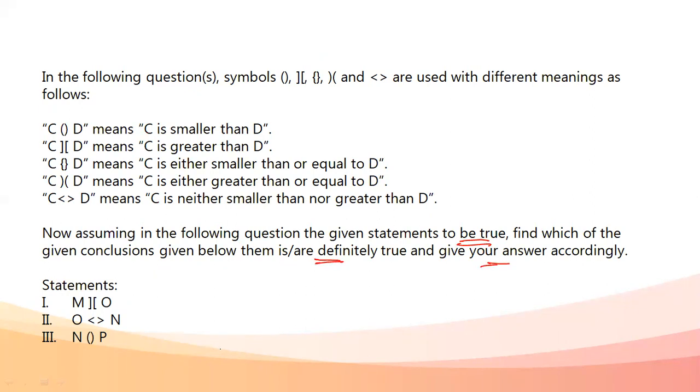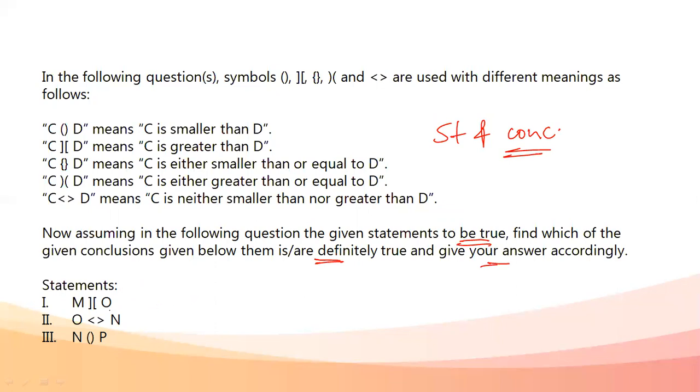This is again a question of statement and conclusion, but a little difference is there because statements are mentioned in forms of symbols. So what we do is we try to write down what those symbols mean.